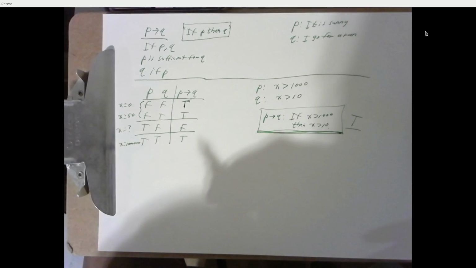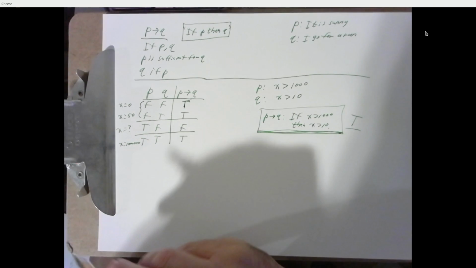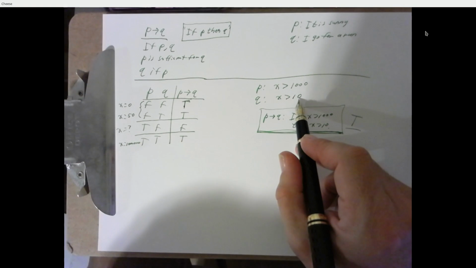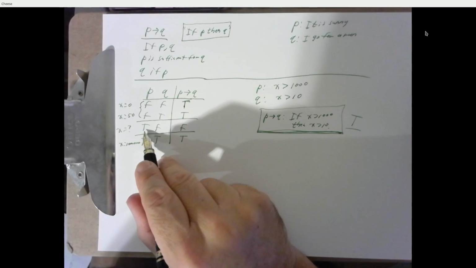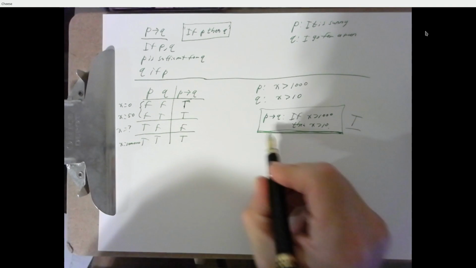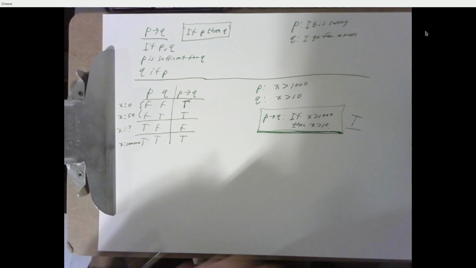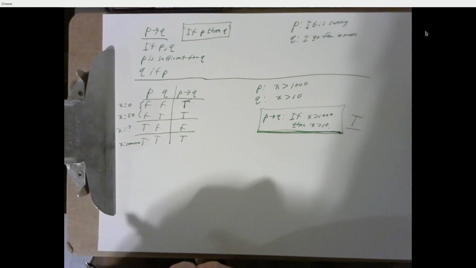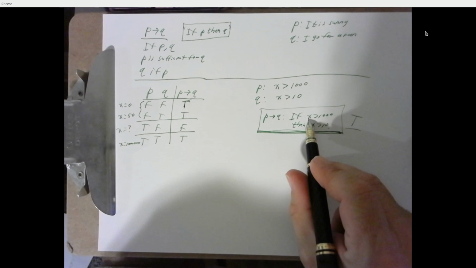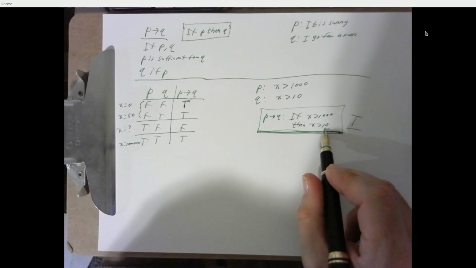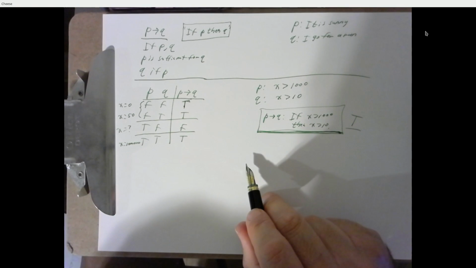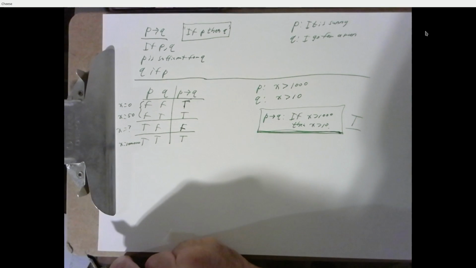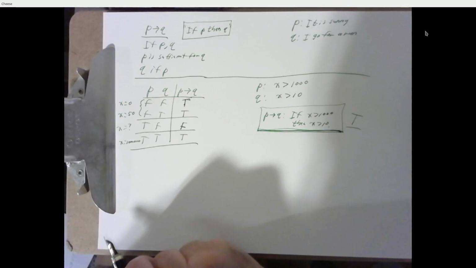But if there was some new integer that was created tomorrow, and that integer was bigger than 1,000 but was not bigger than 10, then P would be true and Q would be false, and suddenly we would have an example where this conditional was incorrect, where this magic value of x satisfied the fact that x was bigger than 1,000, but it failed to satisfy x is bigger than 10. And in that case, this conditional would be false. But there is no such x. So this is the valid truth table for a conditional statement.